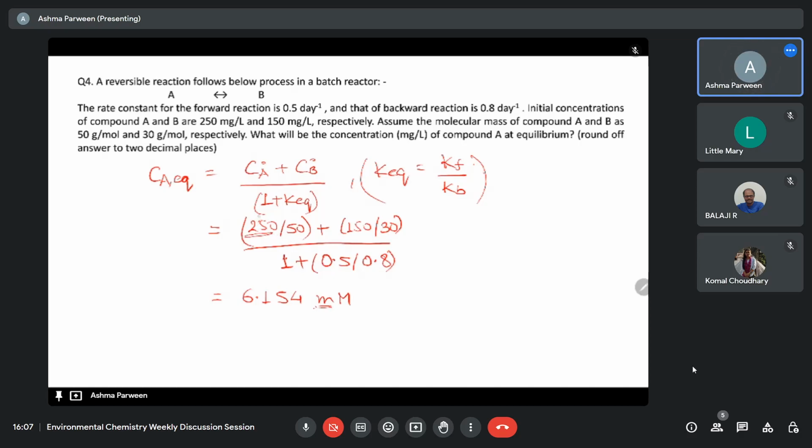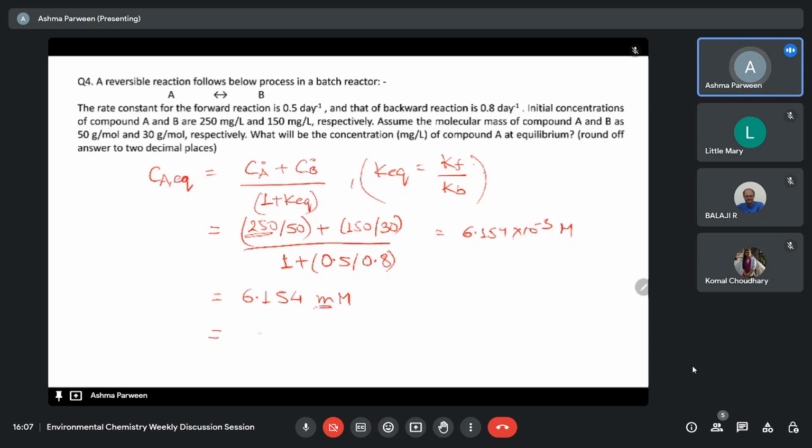For converting to grams per liter, we will divide by 1000, and the expression will be 6.154 into 10 raised to power minus 3 molars. For removing the power, we will write millimolars.